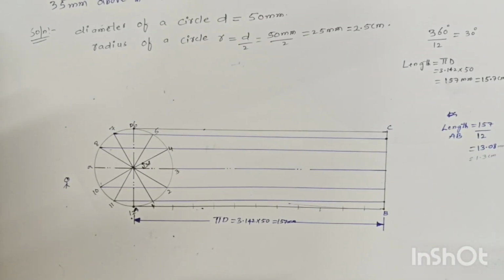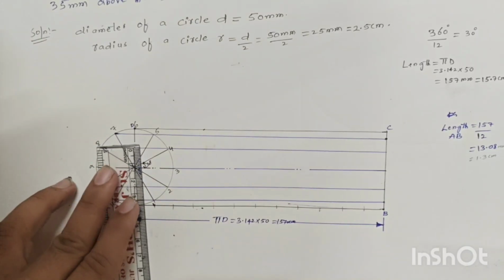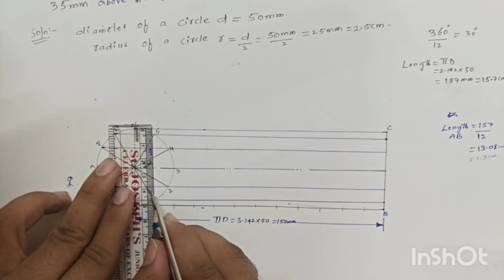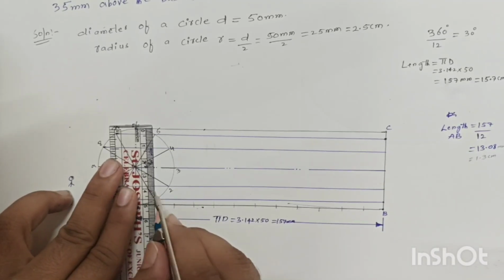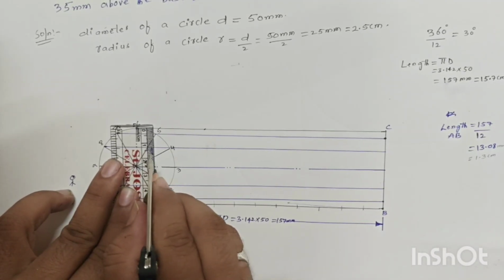Okay, done. After that, from each point, you need to draw the vertical line. This line should touch on the center. Where we have to touch? On this center.